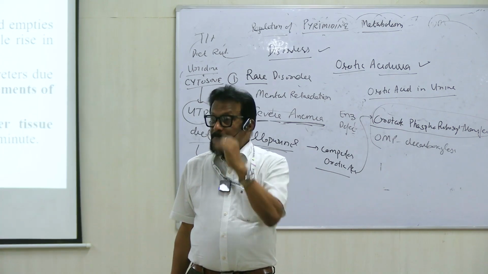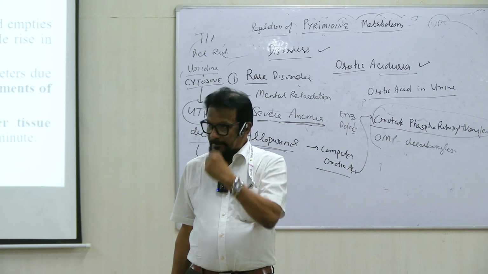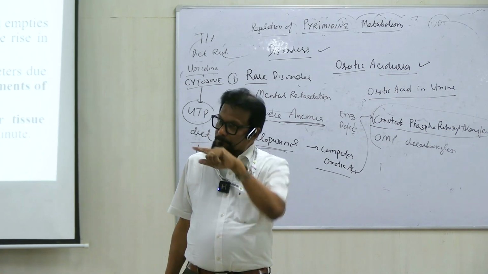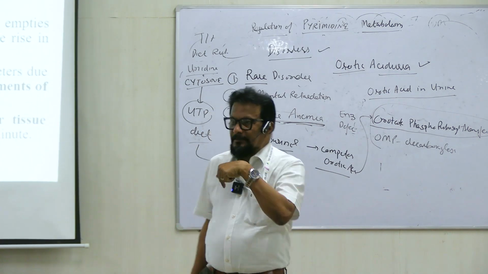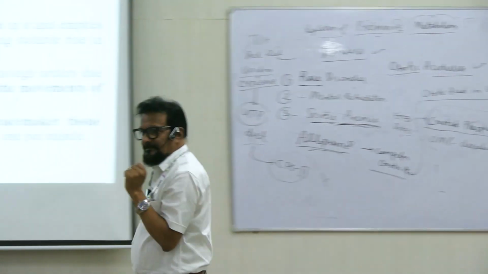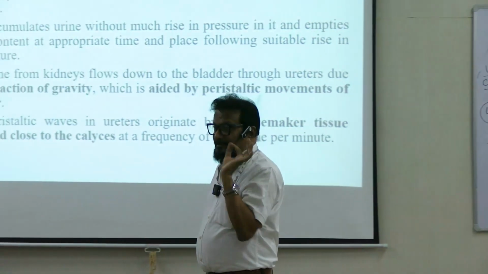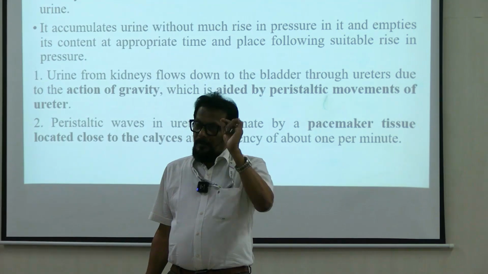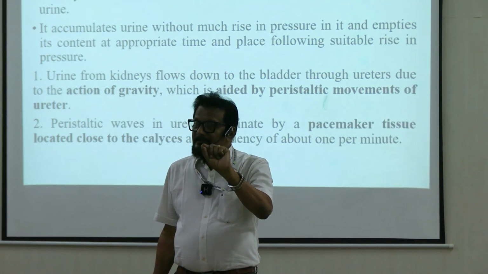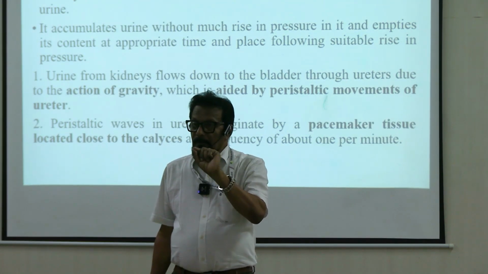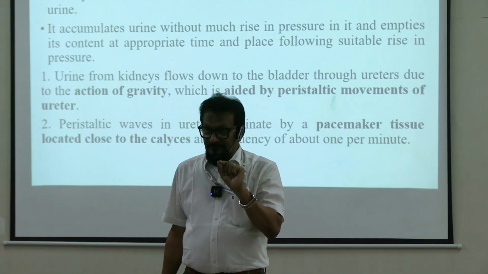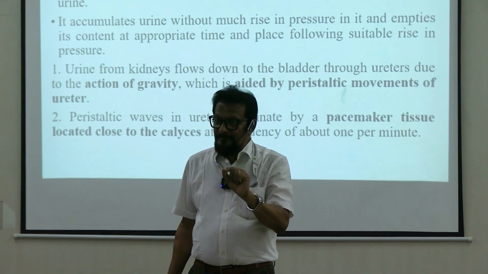Okay, means spasmodic. There is spasm in the ureter, and the wall of the ureters is made up of smooth muscles. Okay, and the stimulus comes from some special cells in the major and minor calyces.